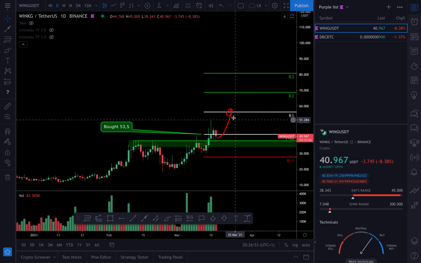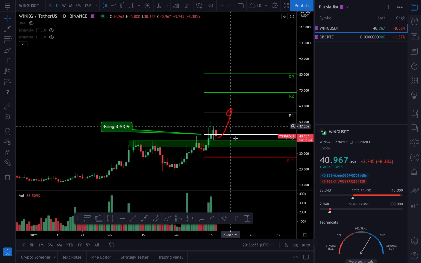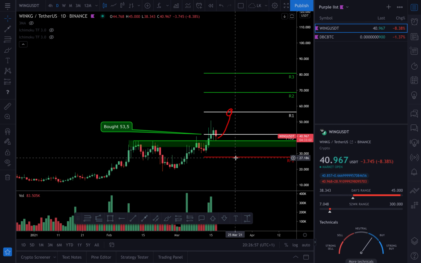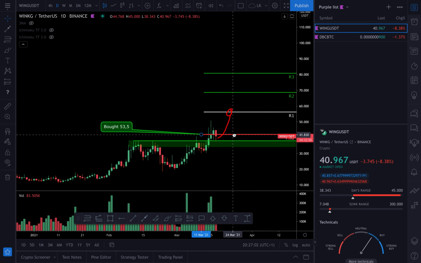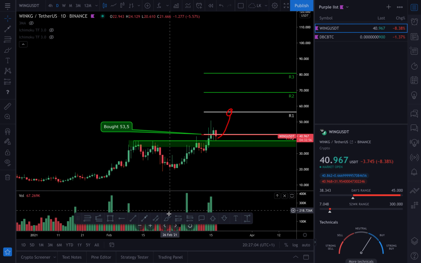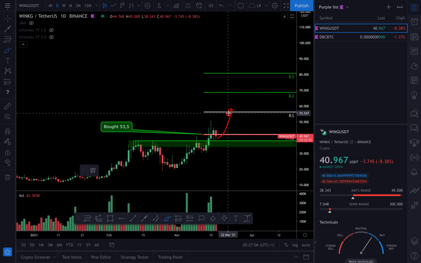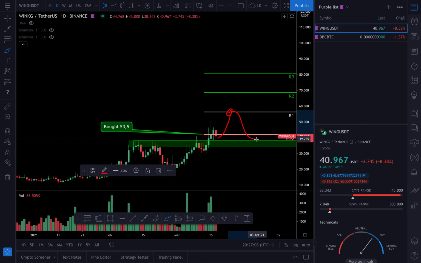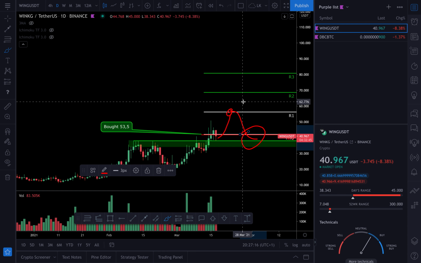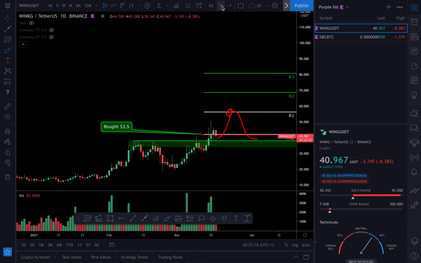So in that case, when this trade meets the R1, I'm going to take my stop loss, which is here, and set it at my entry price. So if you understood what I said, it means that if the price gets down again, I'm losing 0 because the price is at my entry price. So I'm not making any money, but I'm not losing money. This is a risk management you can use for range markets, for example.